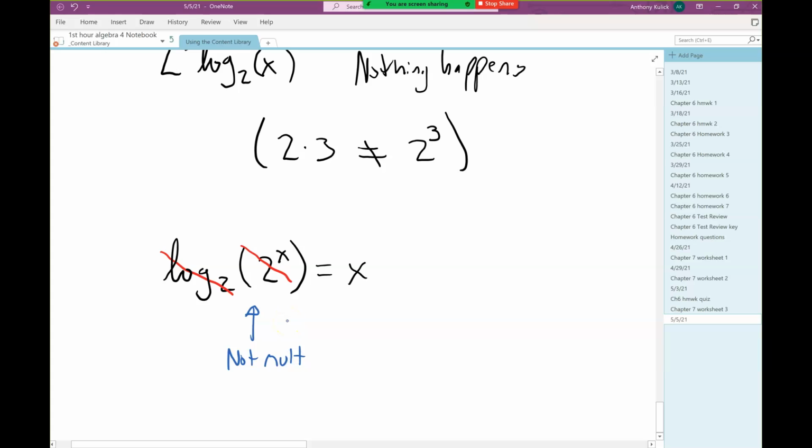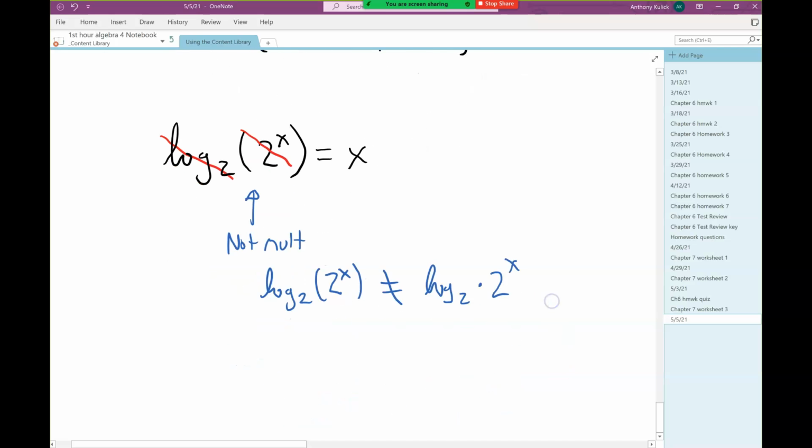We're not multiplying log 2 times 2 to the x. That makes about as much sense as a square root symbol times 7, which makes not a bit of sense at all.